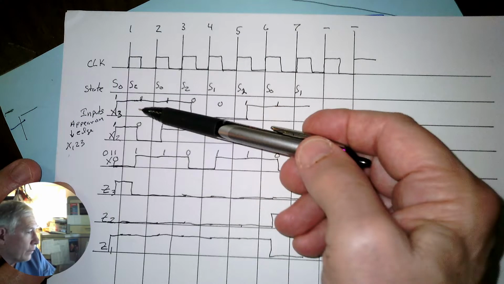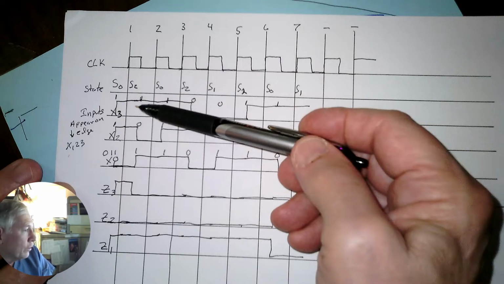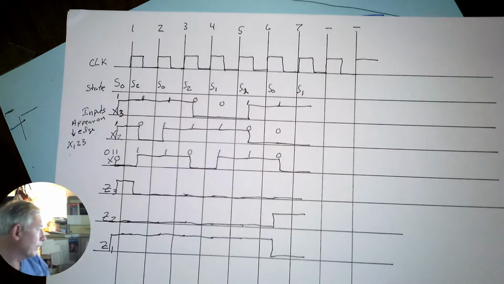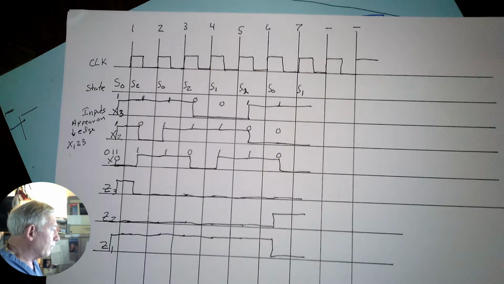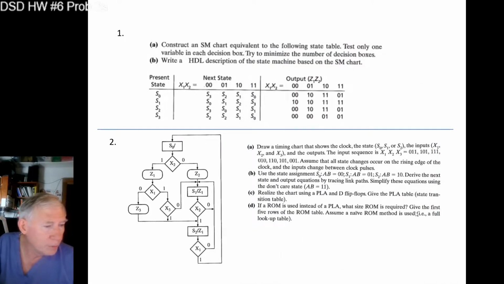If we look at the chart, we're in state S0 and our inputs are 0, 1, 1.